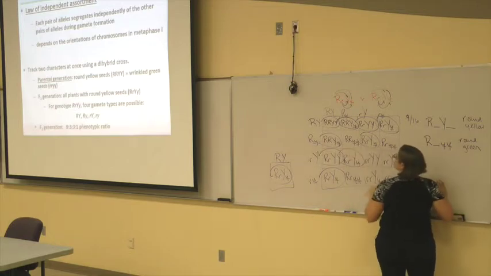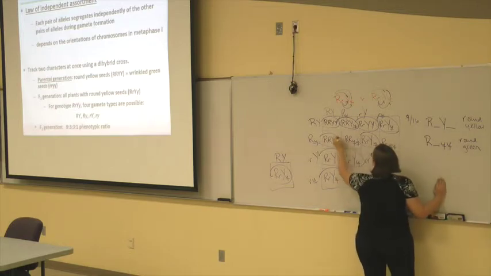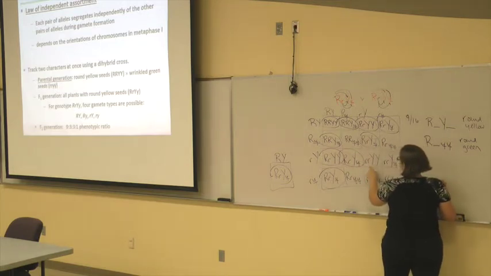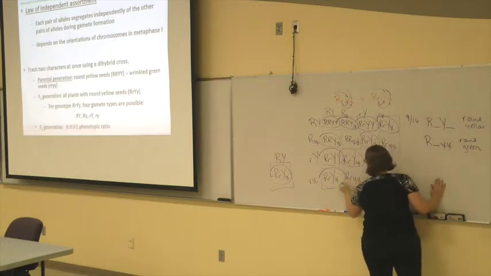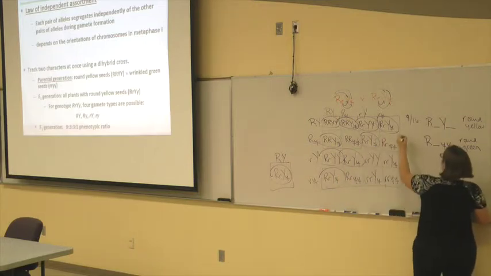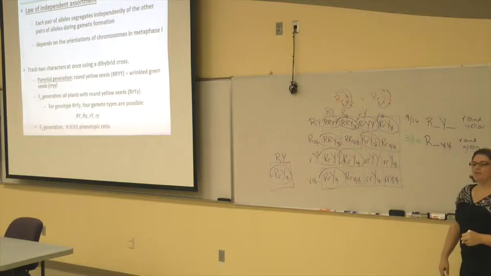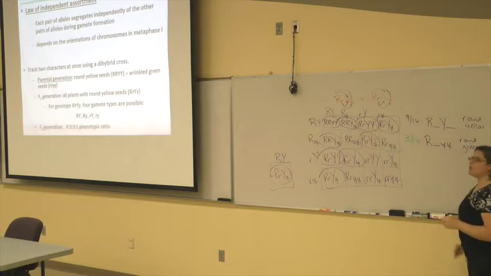What about this one? Yes. How about this one? This one? There we go. 3 out of 16. Dominant for the R gene, giving you round seeds, but recessive for the Y gene, giving you green seeds. Let's keep on going.